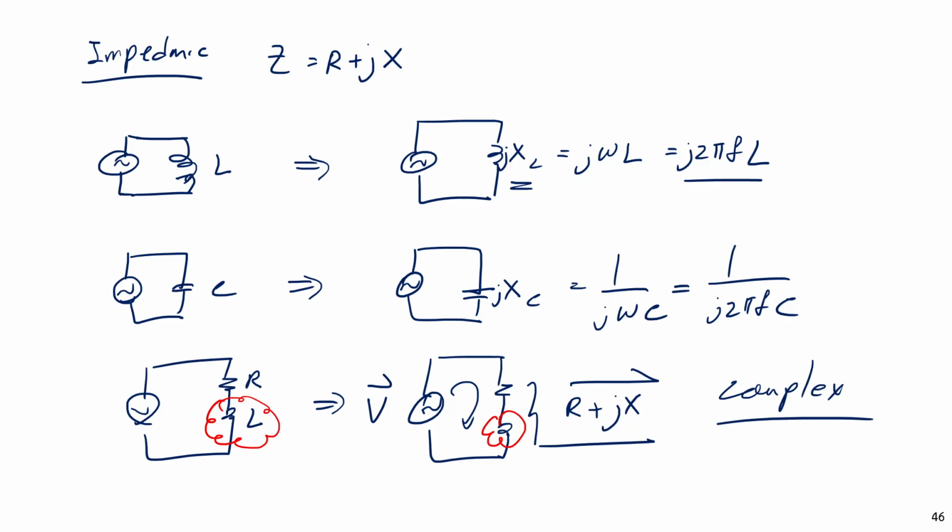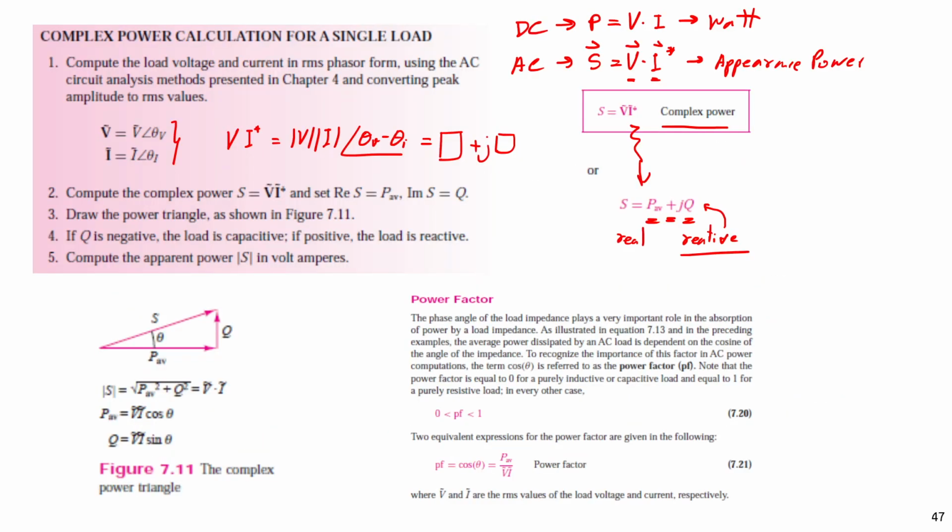The power that is actually dissipated is by the resistance only. Only the resistance consumes the power. Other devices like inductance and capacitance just store and return to the system. The flow is there, but we don't use it. So we call this part reactive power. In an AC system we have two parts of power, real and reactive power.